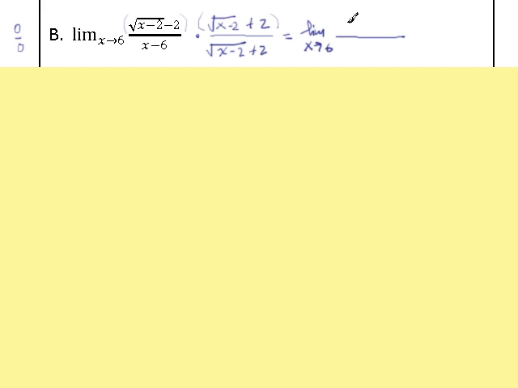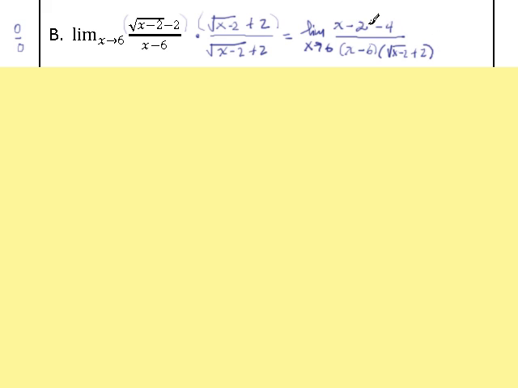So first we have root x minus 2 times root x minus 2, that is equal to x minus 2, and minus 2 times plus 2, that is equal to minus 4. And in the denominator we have x minus 6 multiplied by the square root of x minus 2 plus 2.